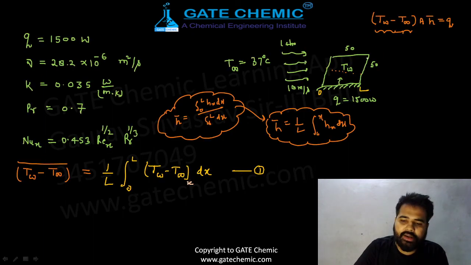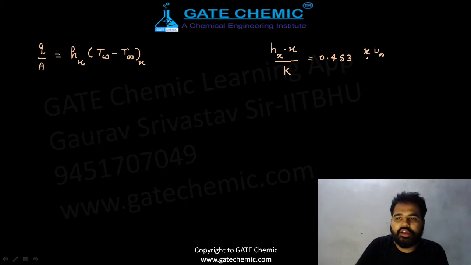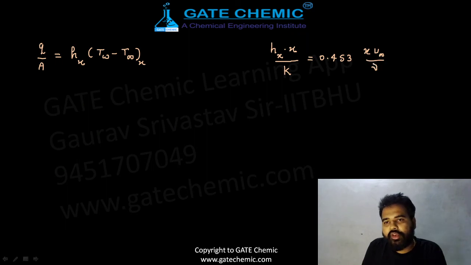In this question, kinematic viscosity is given. So I'm writing Reynolds number in terms of kinematic viscosity to the power 1 by 2, that means 0.5, and a Prandtl number to the power 1 by 3.